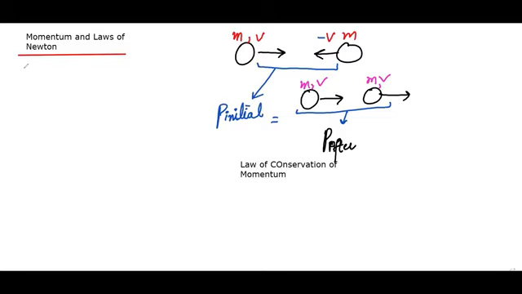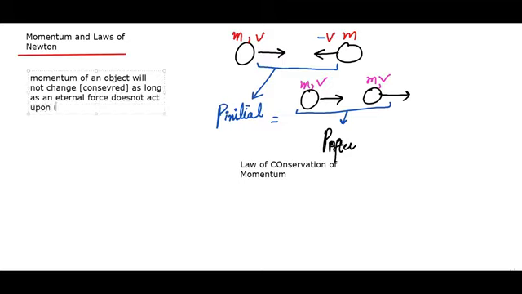So over here we can say that the momentum of an object will not change, or will remain conserved, as long as an external force does not act upon it.